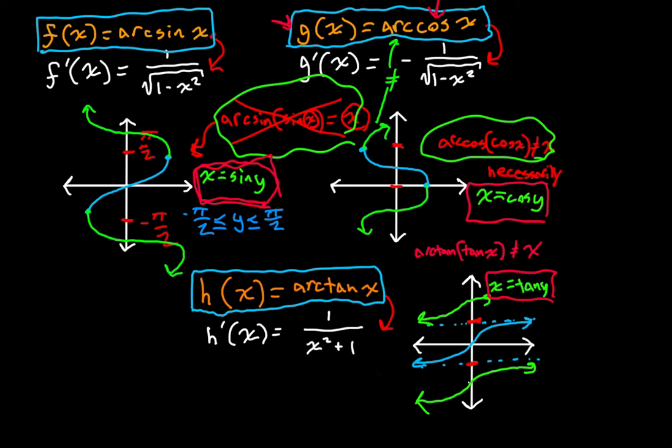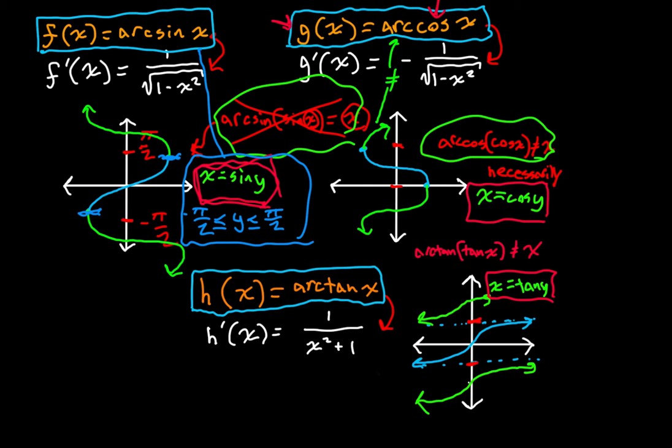And all of a sudden, that turns our green function into our blue function because it's walled off. So if you say x is equal to sine y, and y is between negative pi over 2 and pi over 2, then this whole thing suddenly becomes the same as that. And that goes for all of these, right?